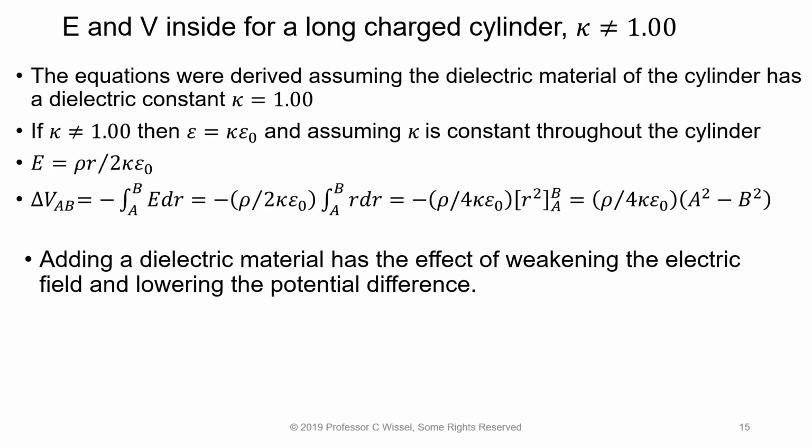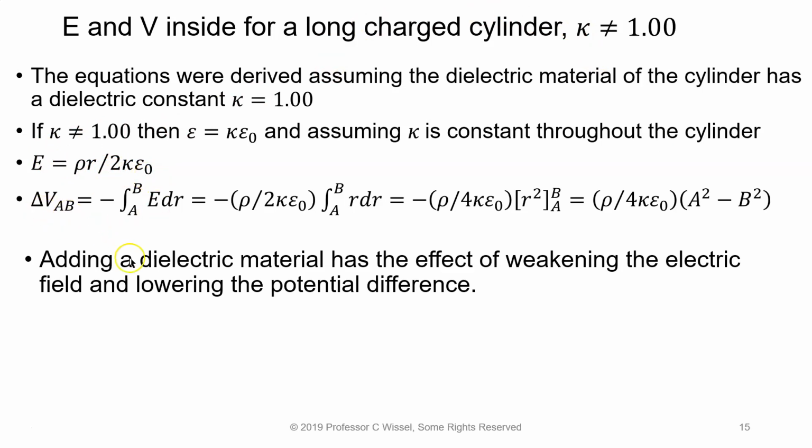If kappa is not equal to 1, then you use epsilon equals kappa epsilon naught. This means you substitute this any place there was an epsilon naught. And we're going to assume kappa is constant throughout the cylinder. In other words, it's made out of uniform material, which makes sense. Then E equals rho R divided by 2 kappa epsilon naught.